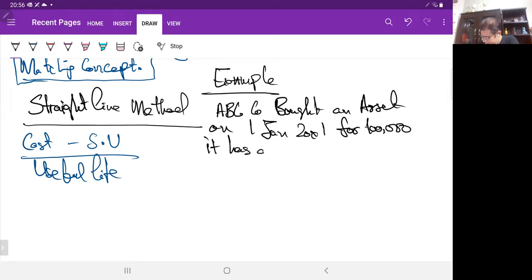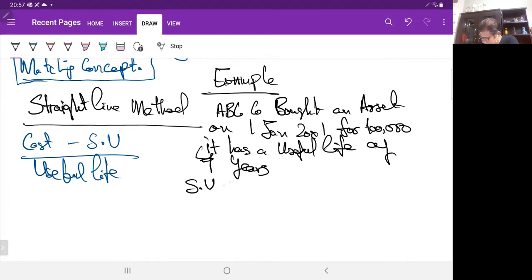It has a useful life of 4 years, scrap value 20,000. Requirement, the depreciation, simply.